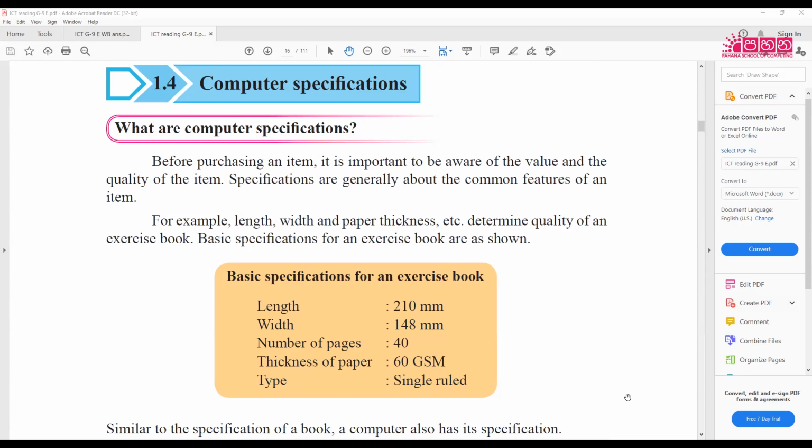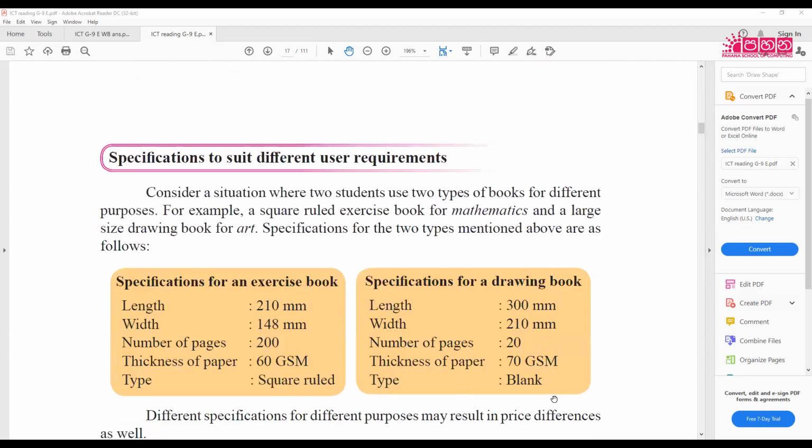Depending on the subject, you sometimes prefer 40 pages, sometimes 200 pages. The thickness of the paper sometimes matters too, depending on whether you are using a pencil, a pen or a gel pen. Then whether it's a single rule, double rule or square rule book is also something you look for when you purchase a book.